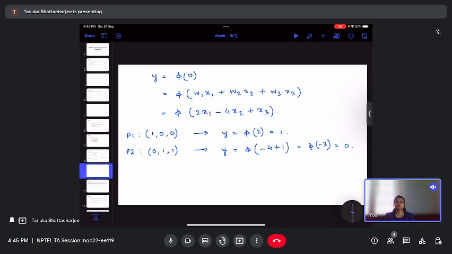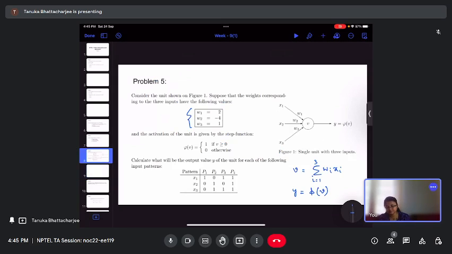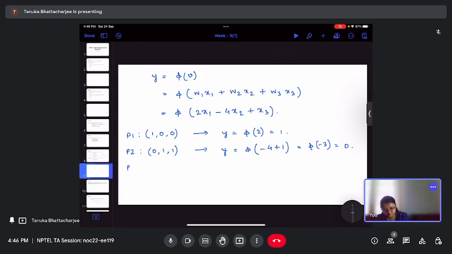So for the second pattern 0 1 1, the output of your neuron will be 0. Now let us move on to the third pattern, which is 1 0 1. Again if you put the values, y will be phi of x1 is 1, x2 is 0, x3 is 1. So phi of 2 plus 1, that is phi of 3. Since 3 is a positive quantity, the value of phi will be 1.